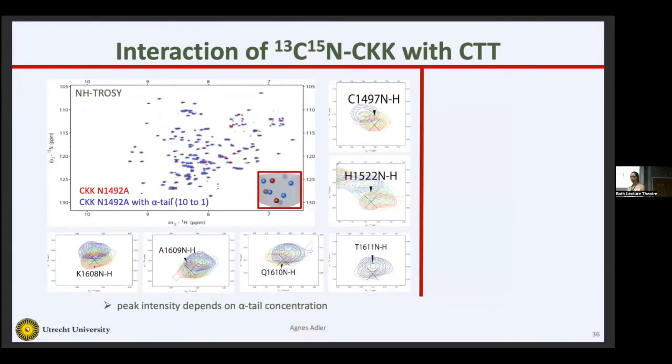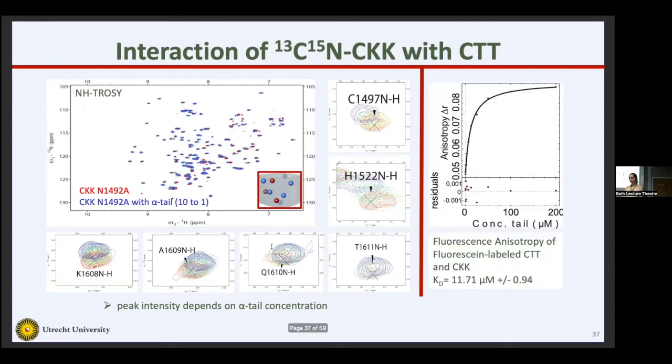So as for the other proteins, I also did a titration with the C-terminal tail to the protein. And I basically observed some shifts, especially at the C-terminus, but also an increase in intensity in the later residues due to the binding. The binding affinity of this is a bit stronger than of the other two MAPs.